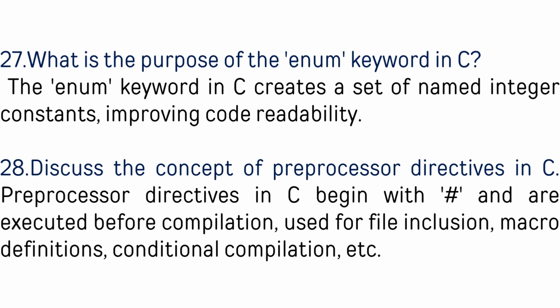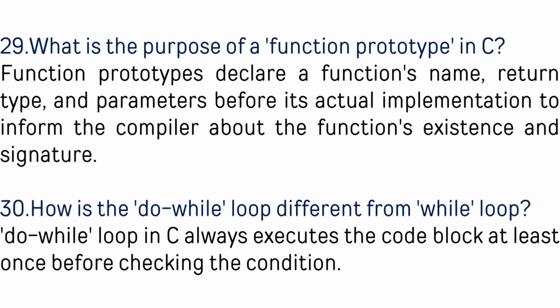28. Discuss the concept of preprocessor directives in C. Preprocessor directives in C begin with hash and are executed before compilation, used for file inclusion, macro definitions, conditional compilation, etc. 29.